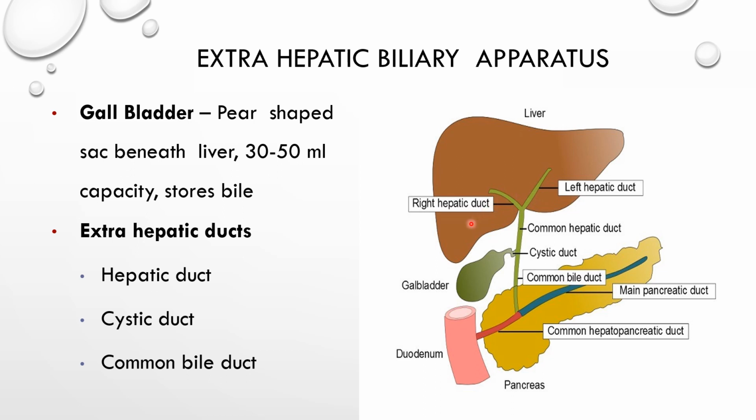The bile ducts together form this common hepatic duct. This is the cystic duct, which connects the gallbladder to the common hepatic duct. Together, the cystic duct and the common hepatic duct form the common bile duct.